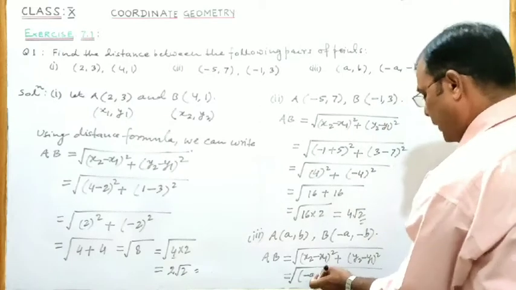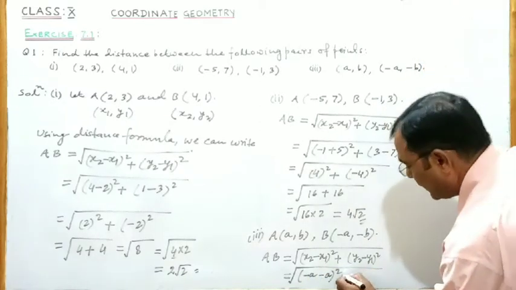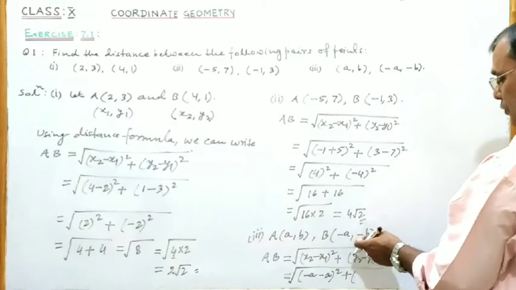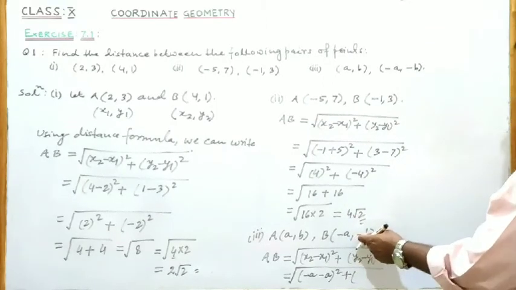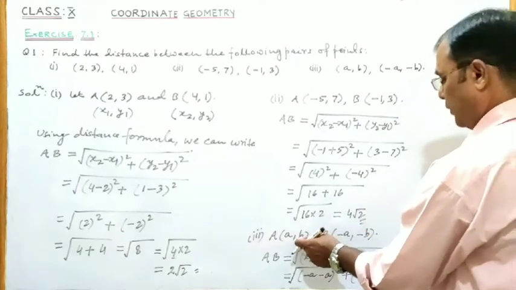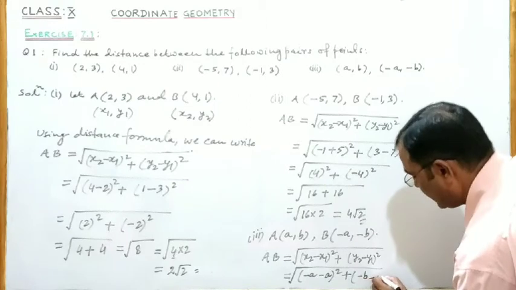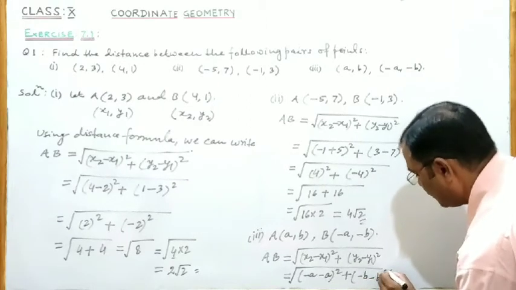This is (x2 minus x1) whole square plus (y2 minus y1) whole square. So y2 is minus B, y1 is B, so minus B minus B whole square.